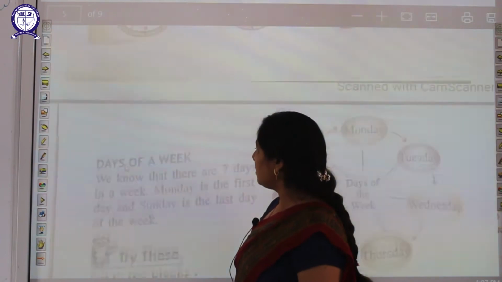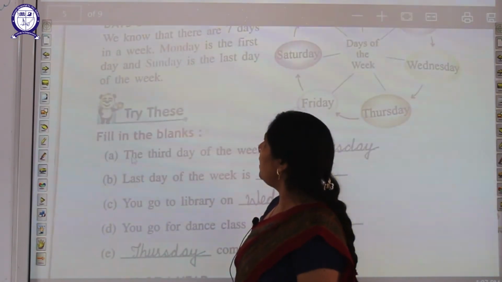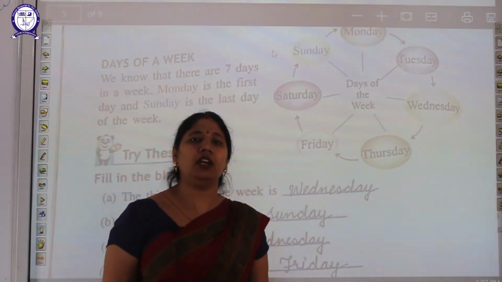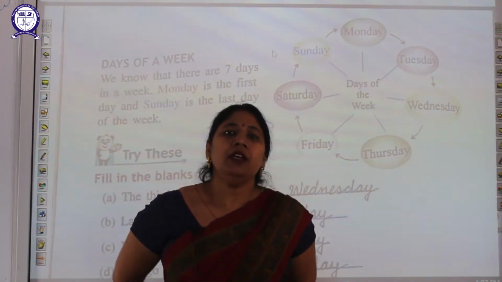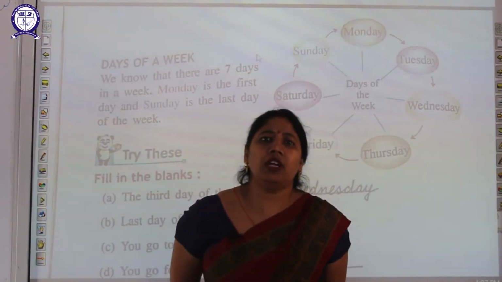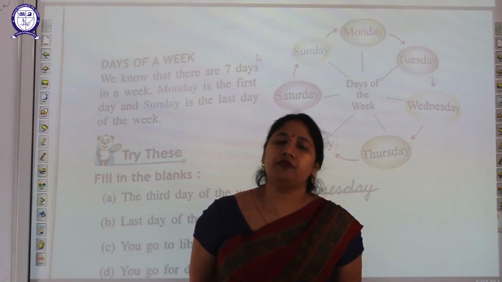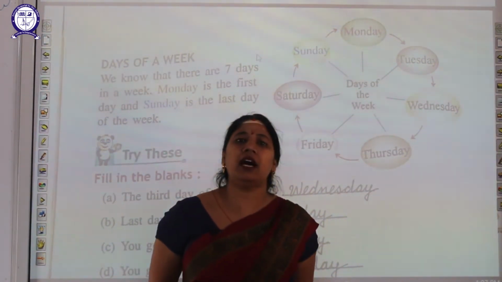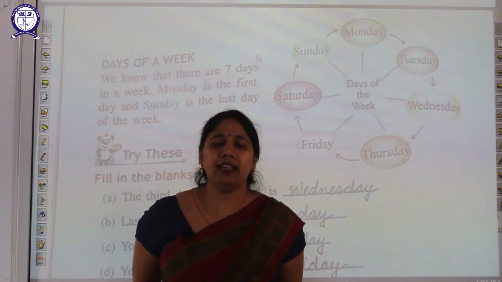Come to the next. Days of week. In the previous module we learned about time. We read about 3 times. One is o'clock, when the hour hand is at any number but the minute hand is at 12.